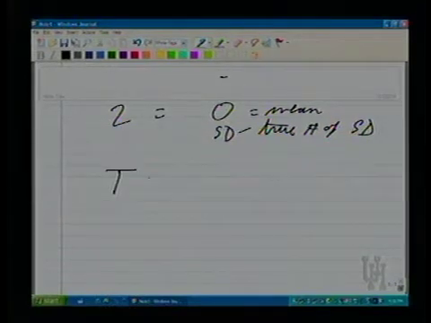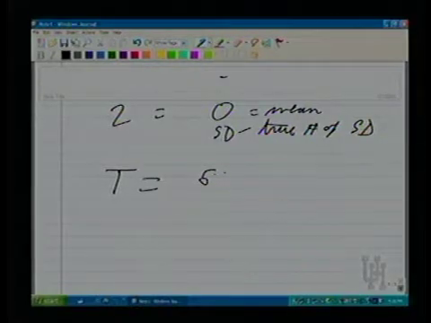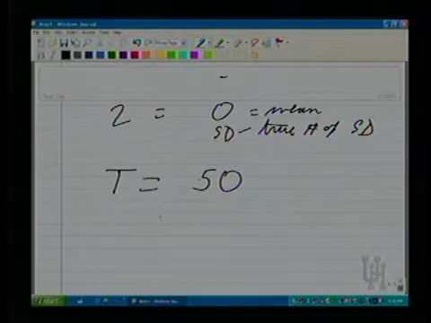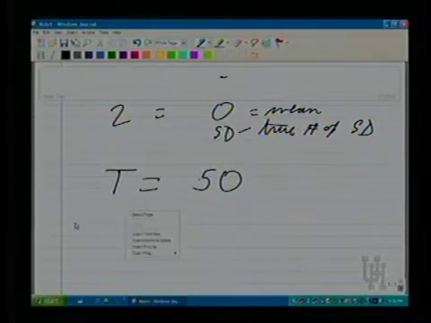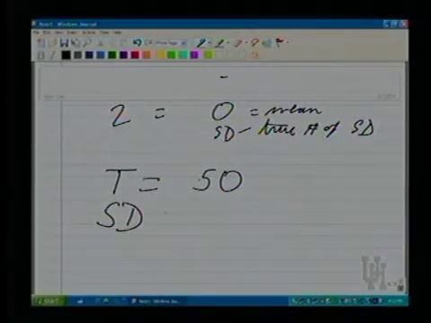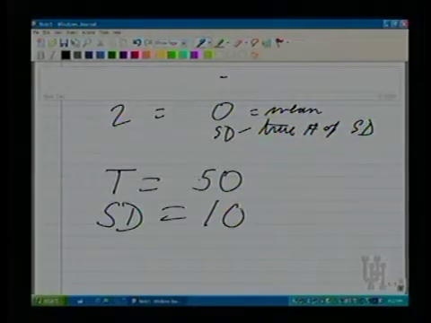Somebody went to the t-score, I can't remember his name, and he said, wait a minute. If you get the mean, I'm just going to arbitrarily give you a 50. And for every standard deviation, it's going to be worth 10 points. You get it?